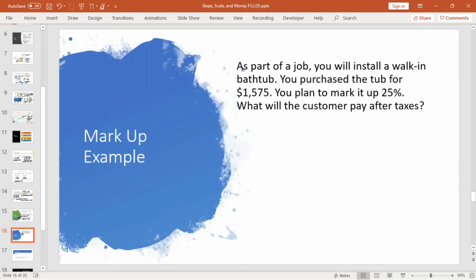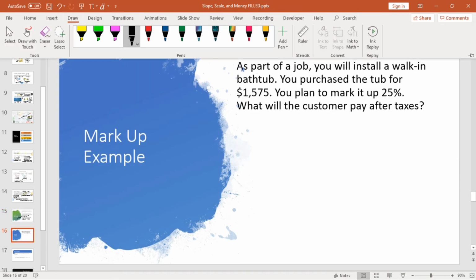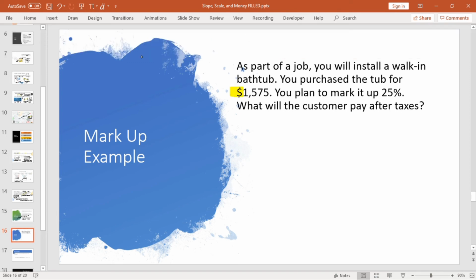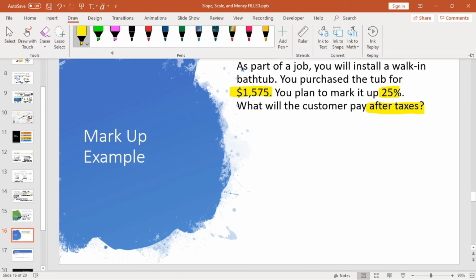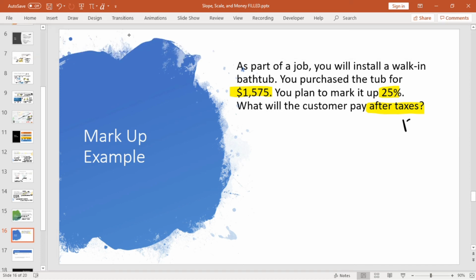Okay, so just highlighting the relevant information. I paid this, so that's my original price, and I'm going to mark it up 25%, and then I'm going to add tax on. So that's going to be 13%. So basically I have a markup 1, which is 1.25, 125%, and then I have a second markup, which is 1.13, which is just us adding in our taxes, but I'm using it like a markup.